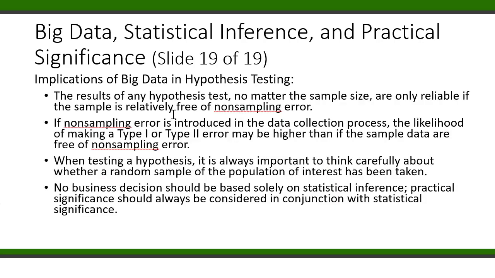So the implication for big data and hypothesis testing is that the results of the hypothesis test, no matter what the sample size, are only reliable if the sample is relatively free from non-sampling error. If you do have non-sampling error in your data collection process, then you have a higher likelihood of making a type 1 or type 2 error.